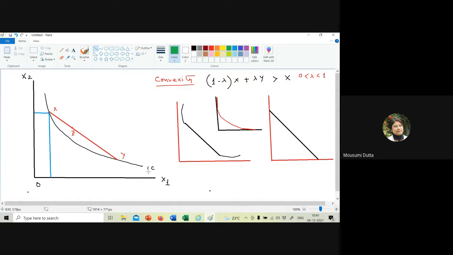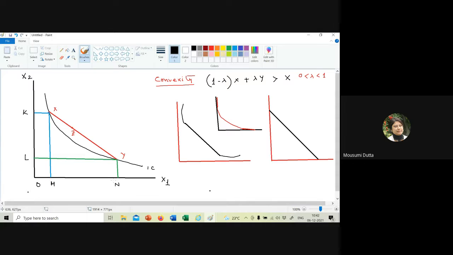On the other hand, at y, I am consuming x1 and x2 by these amounts. So if I mark the points, suppose this is K, this is L, this is M, this is N.